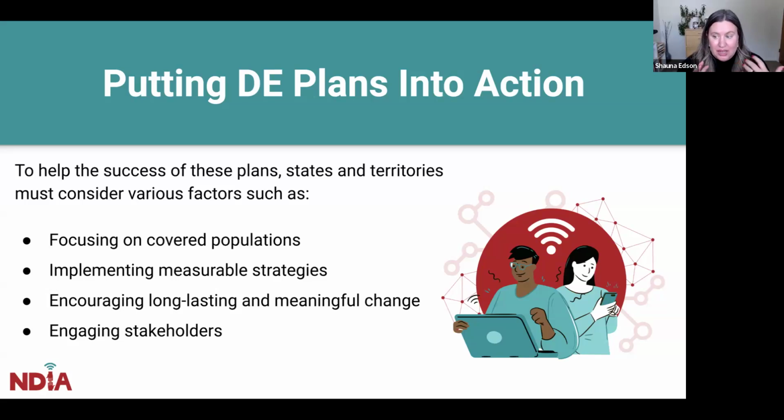This means they want to see sustainable programs that will last beyond the duration of the grant period, and engaging stakeholders or folks that are their focus audiences to ensure the digital inclusion activities are supporting the people that they serve, which Pamela talked a lot about earlier. Okay, next slide.